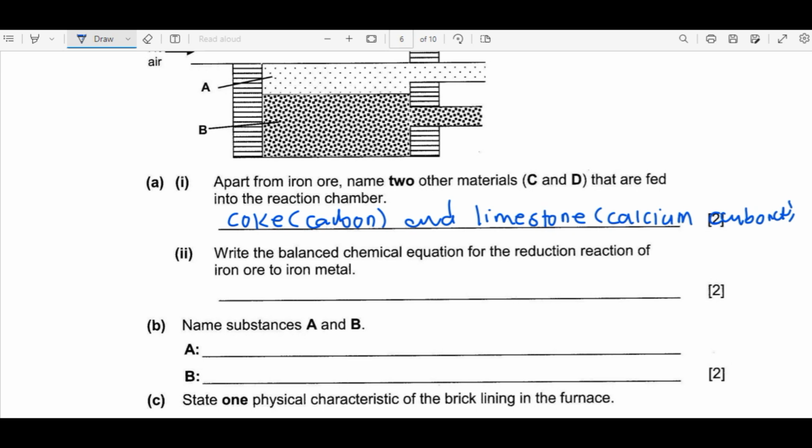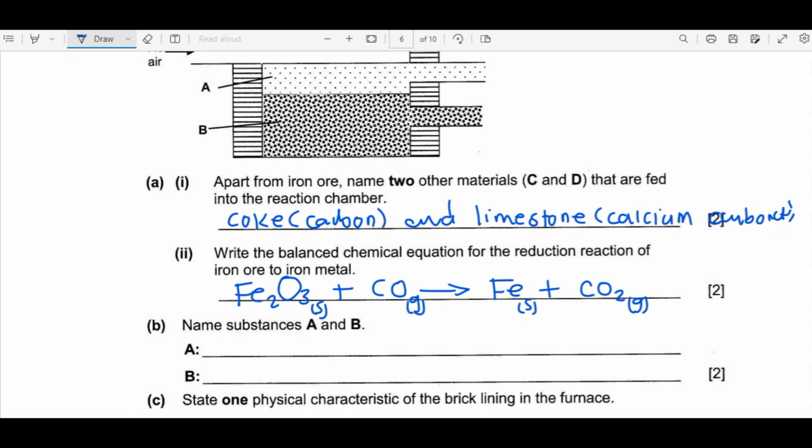This reaction involves the use of the reducing agent, which is carbon monoxide. So the equation is like this: Fe2O3 solid plus carbon monoxide, the reducing agent, will give us iron solid plus the gas produced, carbon dioxide. So extraction of iron can also be the source of carbon dioxide.